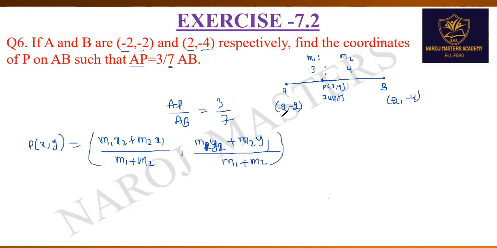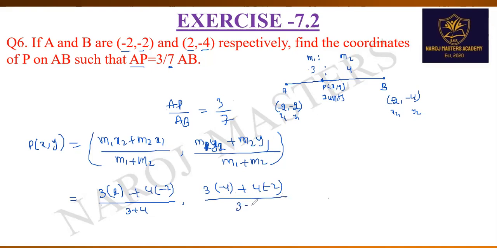Now here (x1, y1), (x2, y2), and m1, m2 are given clearly: 3, 4. So this is (3 into x2, which is 2, plus 4 into x1, which is -2)/(3 + 4), comma (3 into y2, which is -4, plus 4 into y1, which is -2)/(3 + 4).